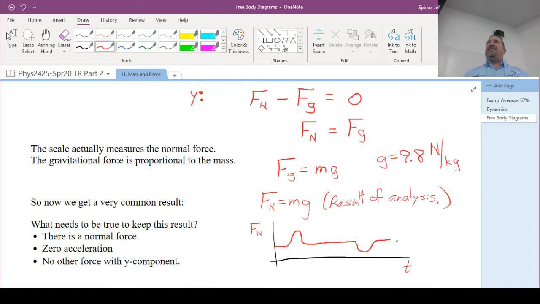So I actually did this experiment. I lost track of the data file. I'll have to do it again. But the graph really did look kind of like that. There's noise on it. I kind of smoothed out the noise. But the normal force actually increased for a time and it decreased for a time.